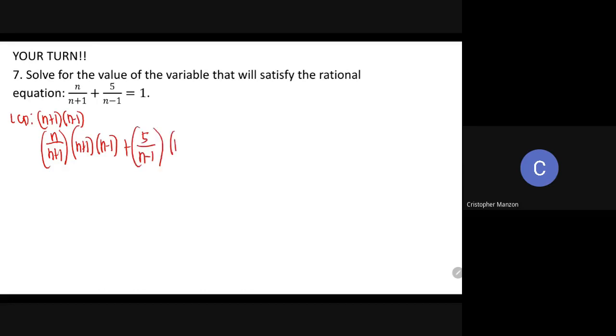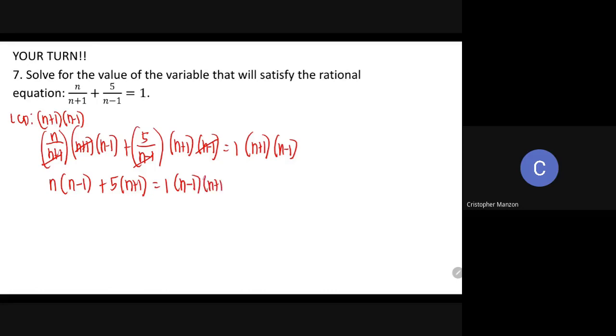I-multiply din natin to ng n plus 1, n minus 1 equals 1 times n plus 1, n minus 1. So this will be eliminated. This will be eliminated. So you will be left here with n times n minus 1 plus 5 times n plus 1 is equal to 1 times n minus 1, n plus 1.